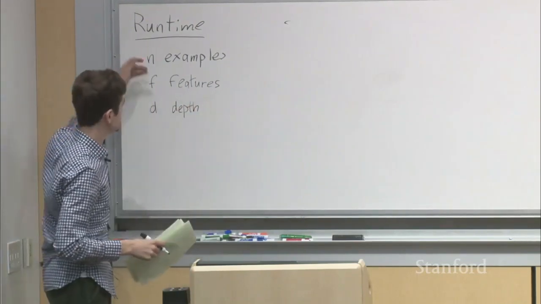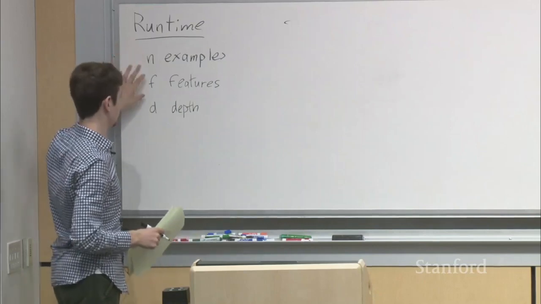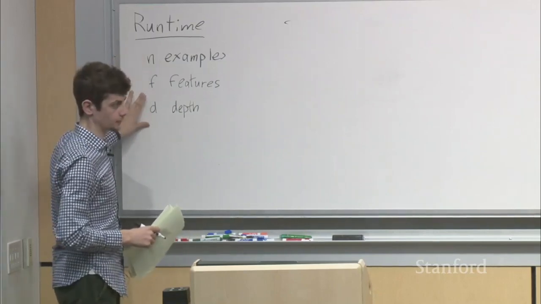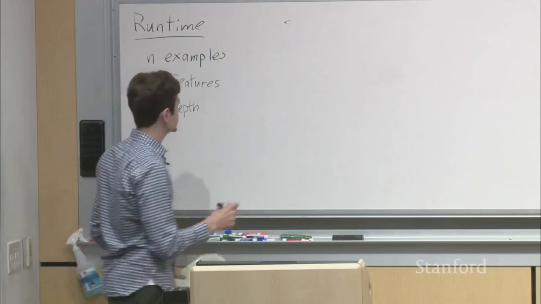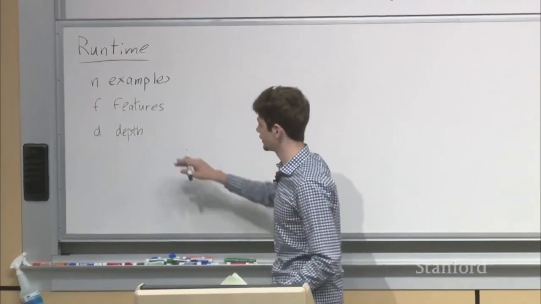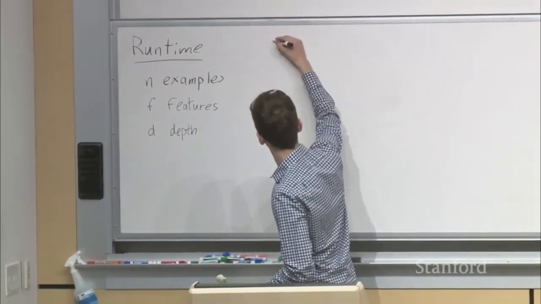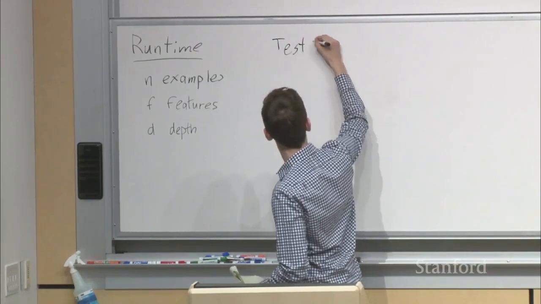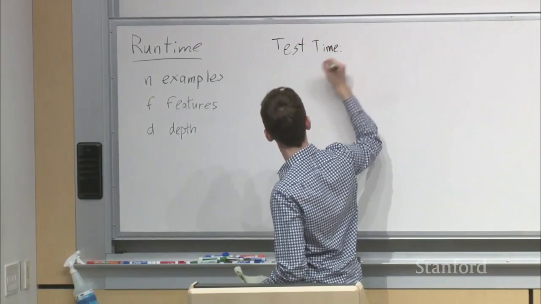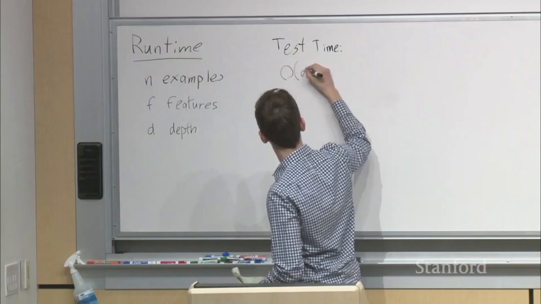All right, so you have n examples that you trained on. Each has f features, and your resulting tree has depth d. So at test time, your runtime is basically just your depth d, right? It's just O of d.